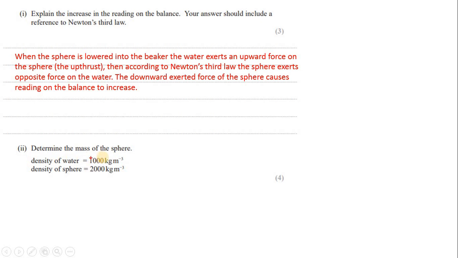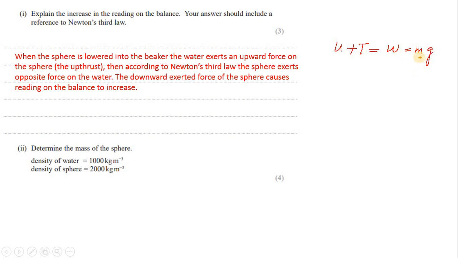Next part, determine the mass of the sphere. Okay, so what is happening here? You know that because the sphere is in balance condition, upthrust plus T, which are acting upward, is equal to W, and W is mg, so you can say this is mg.